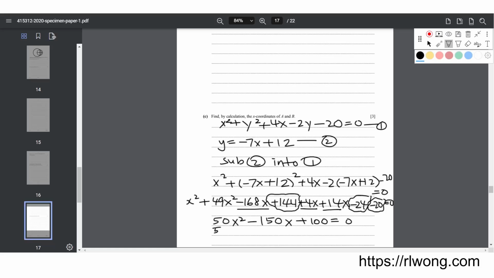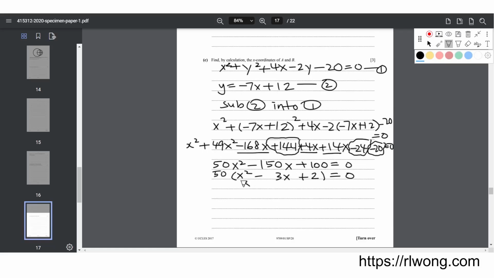Next, I factorize out 50 of x squared minus 3x plus 2 equals 0. So effectively, I'm solving x squared minus 3x plus 2 equals 0. This will give (x minus 2)(x minus 1) equals 0. So x equals 2 or x equals 1.